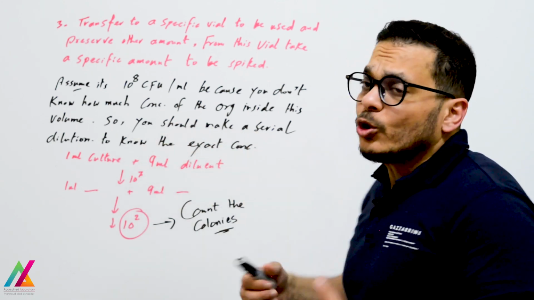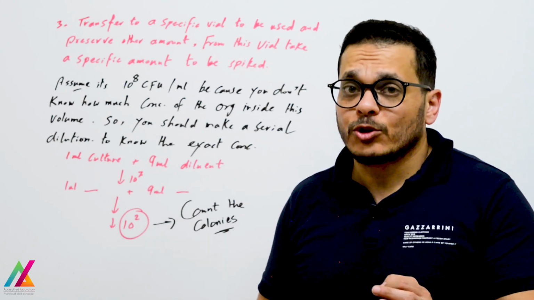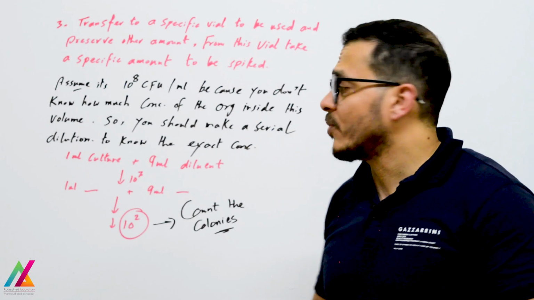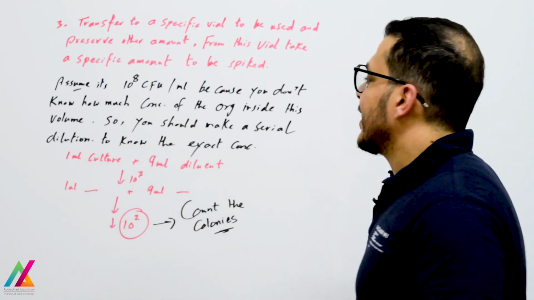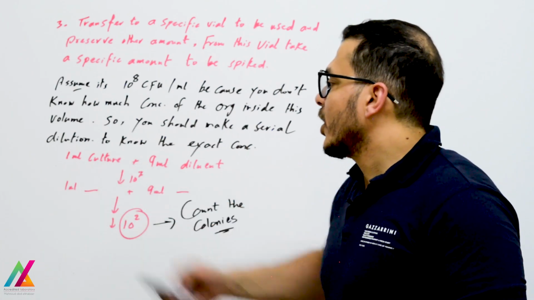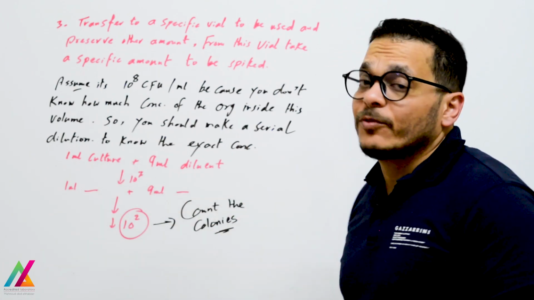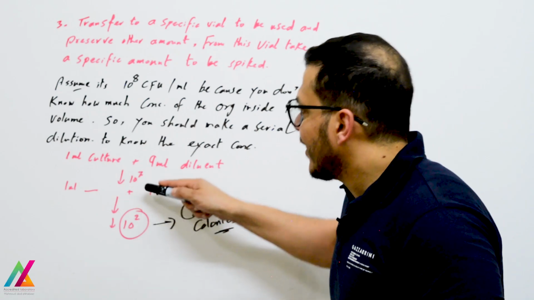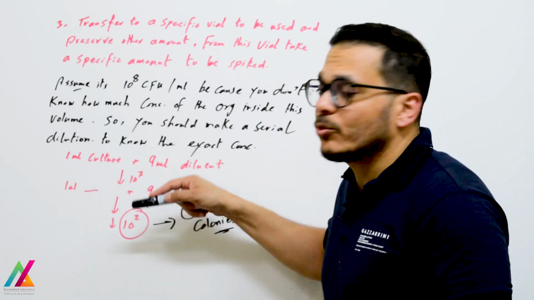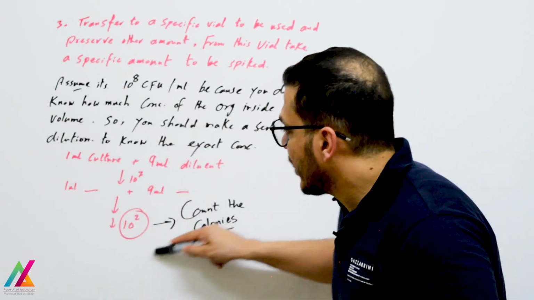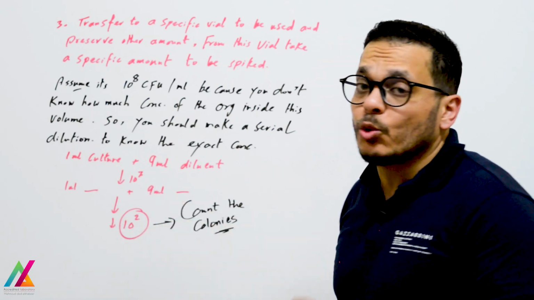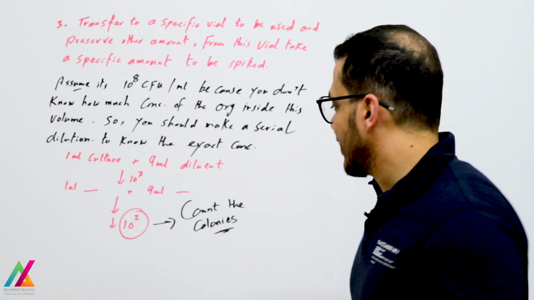To know the exact concentration, you should make serial dilutions of this volume, and that will be 10 times dilution: 1 ml culture plus 9 ml diluent, it will be 10 up to 7. Then 1 ml culture, 9 ml diluent, 10 up to 6. Then continue to reach 10 up to 2, where it will be about 200 colonies CFU.